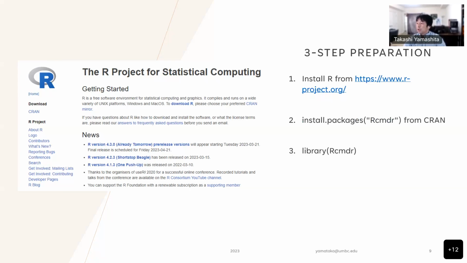And then you need to call this R commander function using the library statement. So once you install this package, you don't have to do this again on the same computer, but every time you need to call R commander, and I will show you in a little bit.